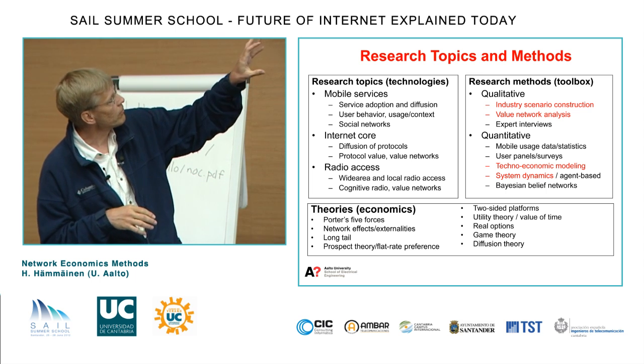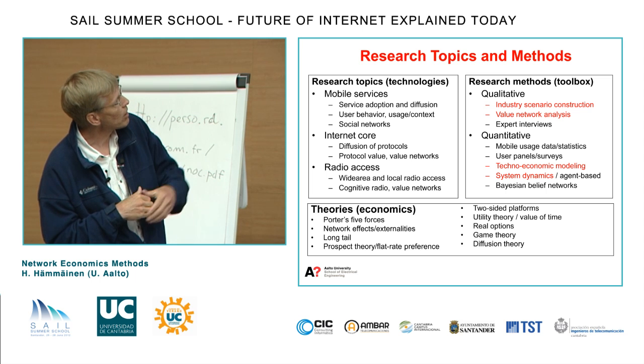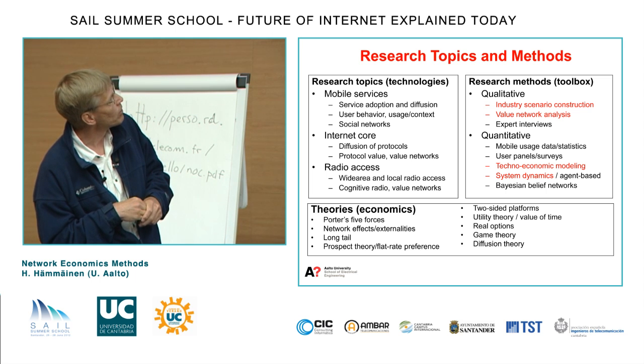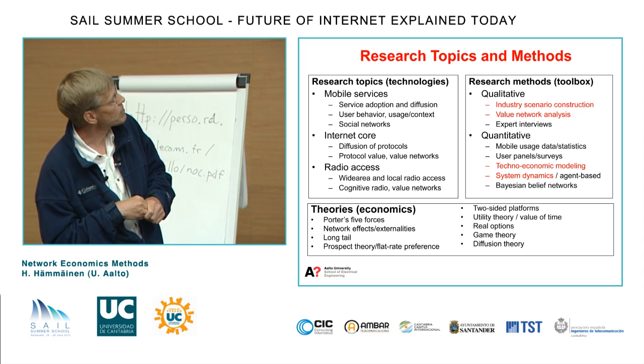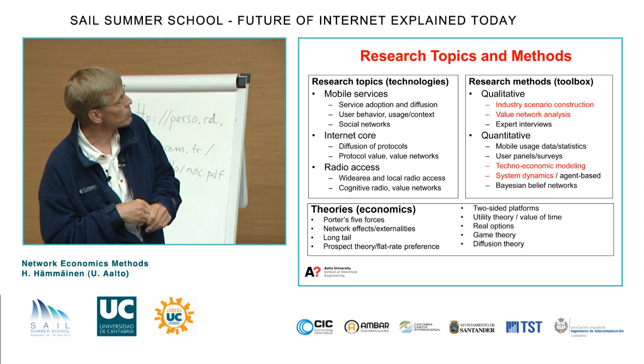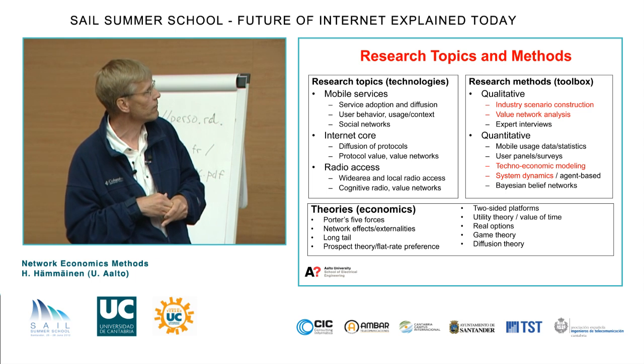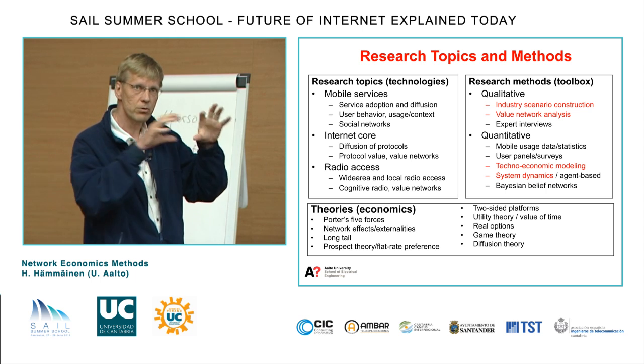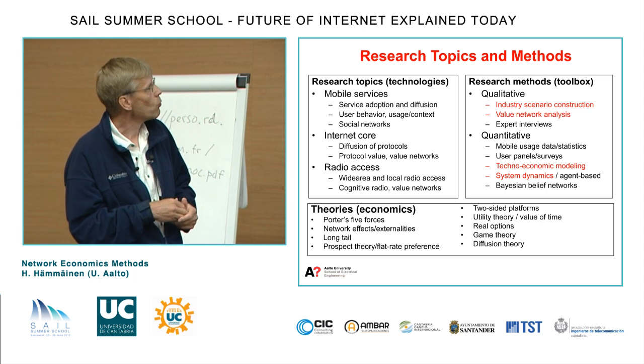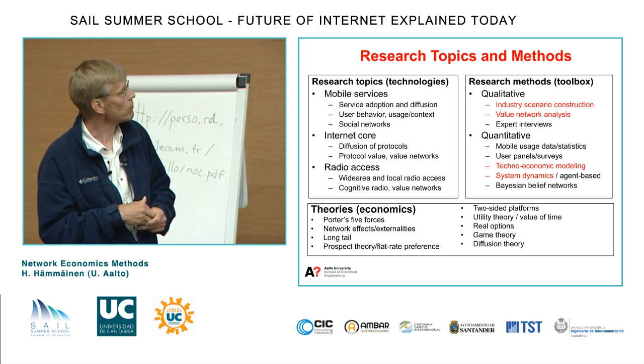Then you can see research methods, and here also I'm using red color to list the topics that I will touch today. So we are using qualitative methods and quantitative methods. Typically, in a new problem, we start from more qualitative methods and then go deeper into quantitative ones.